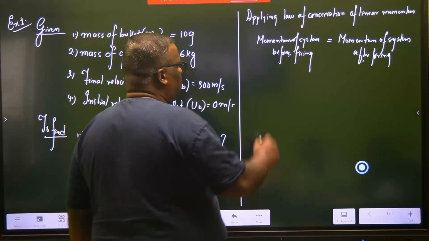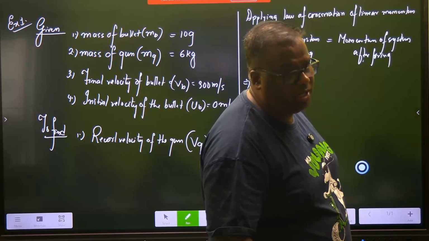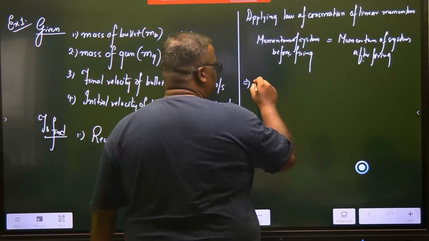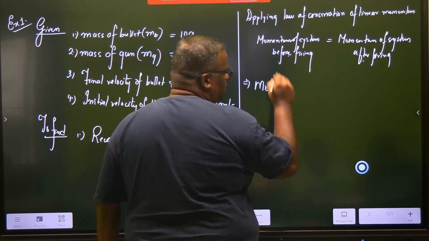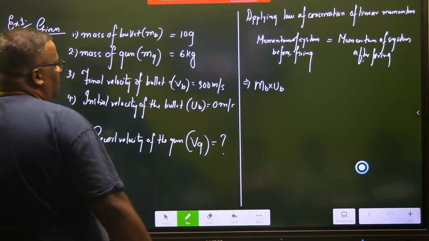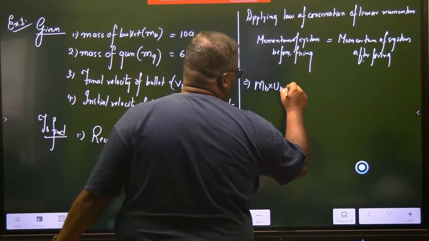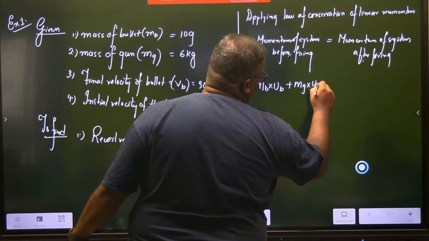So let's put our data. Momentum of the system before firing. So we will have a mass of the bullet into initial velocity of the bullet. Then mass of the gun into initial velocity of the gun.